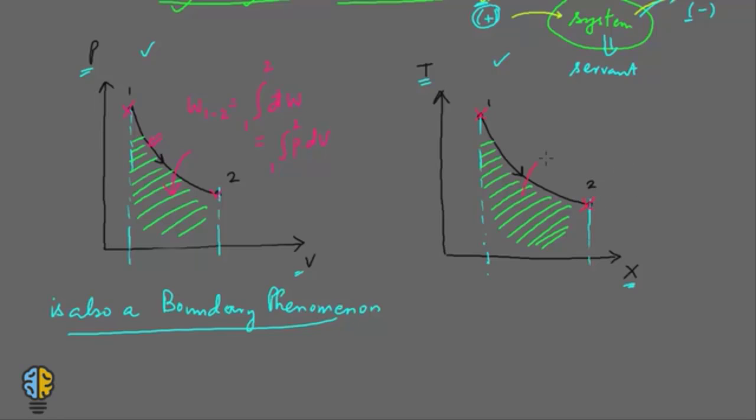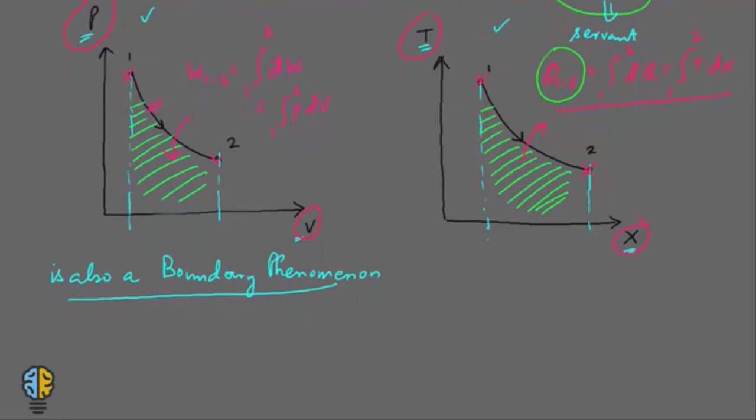So this gives you the heat that is transferred in going from state 1 to state 2, which is equal to the integral from 1 to 2 of the inexact differential dQ, because it's again a path function, which is equal to the integral from 1 to 2 of T dX. So similarly, you had P dV, this will have T dX. So this is how you mathematically represent the heat transferred in going from state 1 to state 2. Alright, so this is something you need to understand.